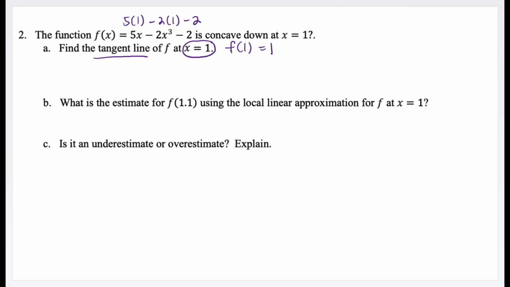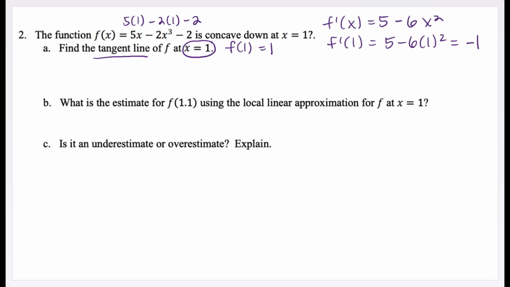Now, I'm going to find the derivative. So I'm going to find f prime of x, which is going to be 5 minus 6x squared. And I'm going to plug 1 into that now. So it's going to be 5 minus 6, or it's going to be negative 1.